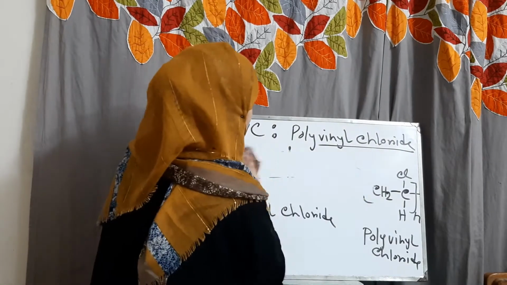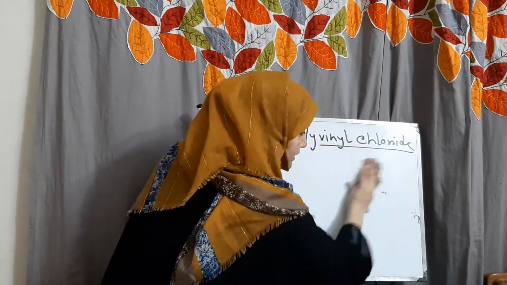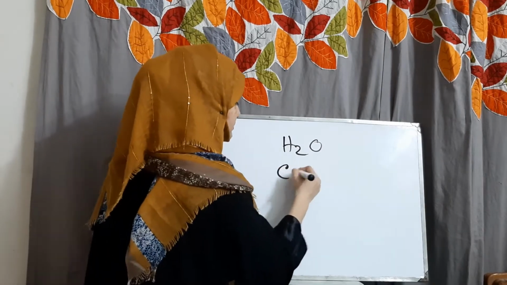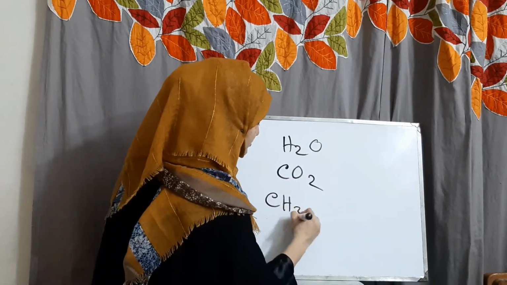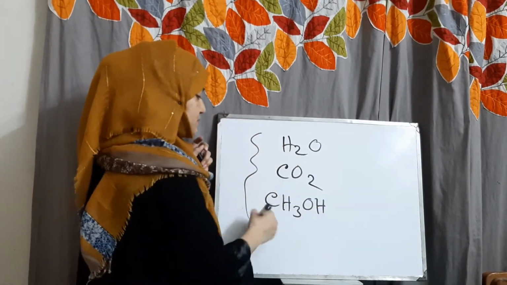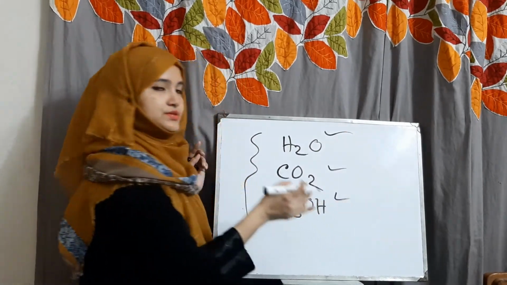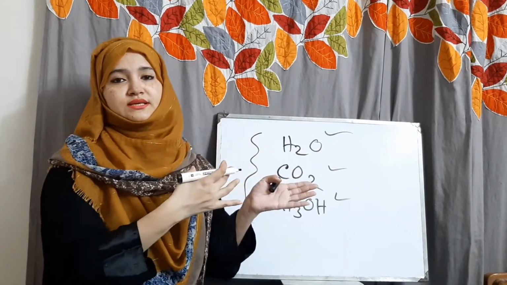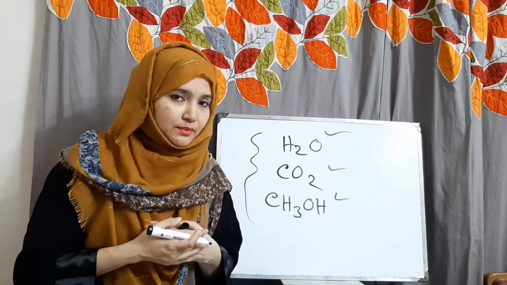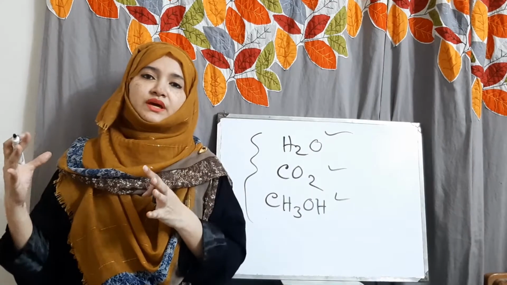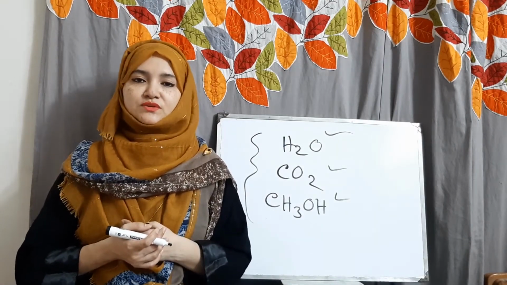such as a simple molecule. These simple molecules can be a water molecule, or carbon dioxide, or a small molecule methanol, okay, methyl alcohol. These types of small molecules will be removed, will be eliminated from the monomer units, and then they are linked up and form a large molecule with a large molecular weight, and this is called condensation polymer.